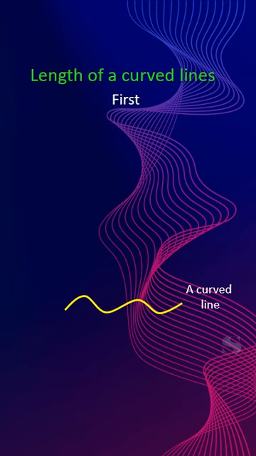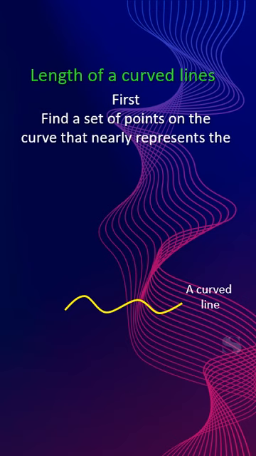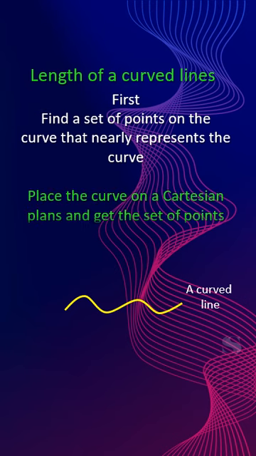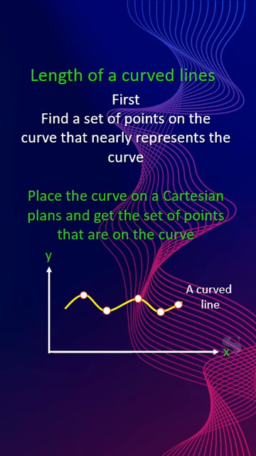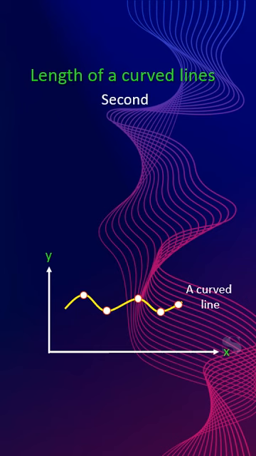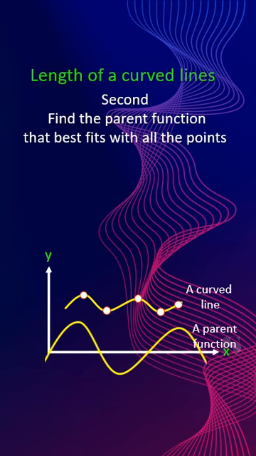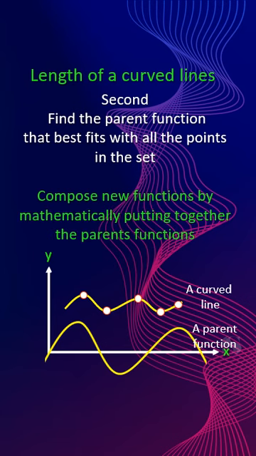First, find a set of points on the curve that nearly represents the curve. A simple way of doing this is to properly place the curve on a Cartesian plane and get the set of points that are on the curve. Second, find the parent function that best fits with all the points in the set, or compose new functions by mathematically putting together the parent functions.